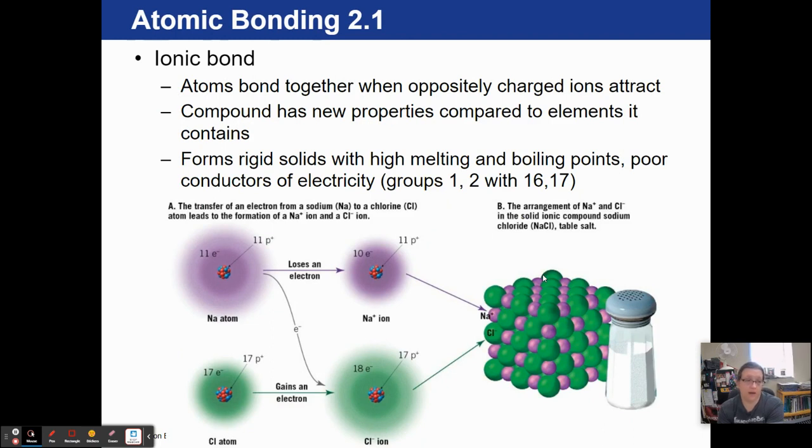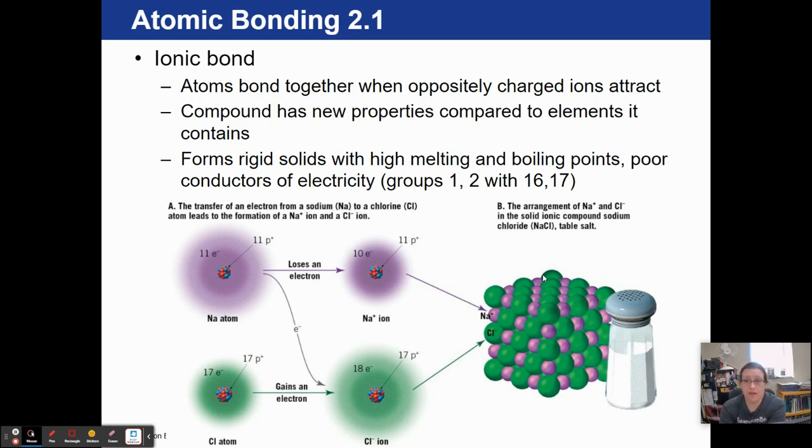So ionic bonds. Atoms that bond together when oppositely charged ions attract. This compound is going to have new properties compared to the elements it contains. It will form a rigid solid with a high melting and boiling point, but it will be a poor conductor of electricity.